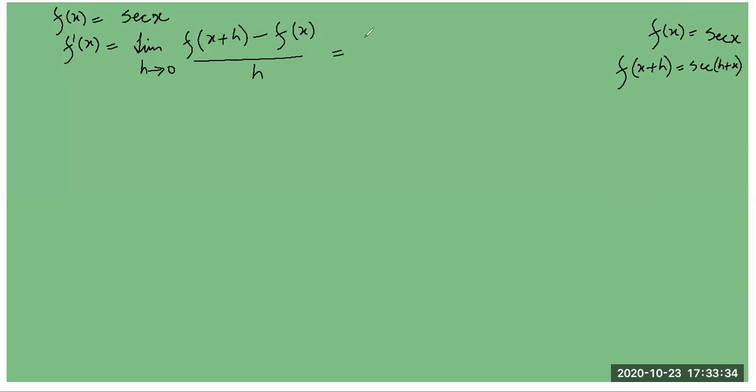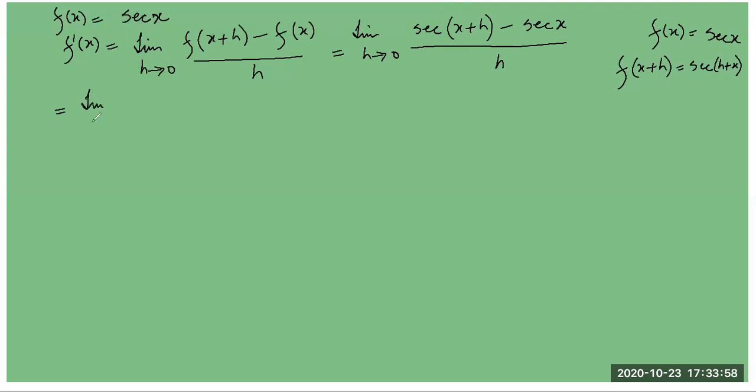So guys, this will be equal to limit h approaches 0, secant of x plus h minus secant x, divided by h. Am I right, guys? So I can just convert secant into cos. It becomes simple.